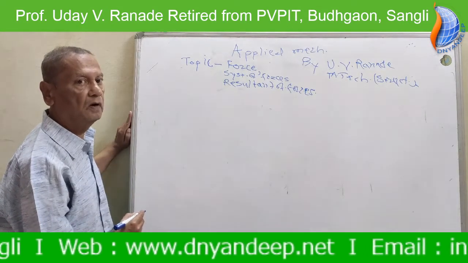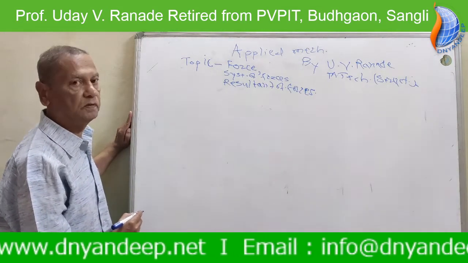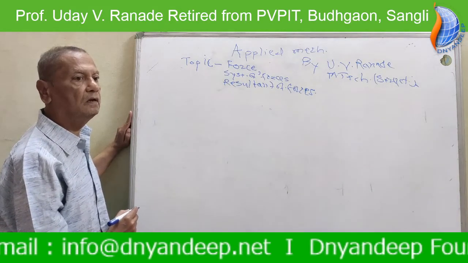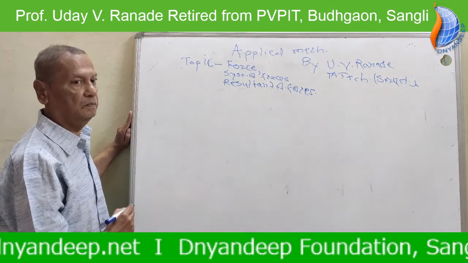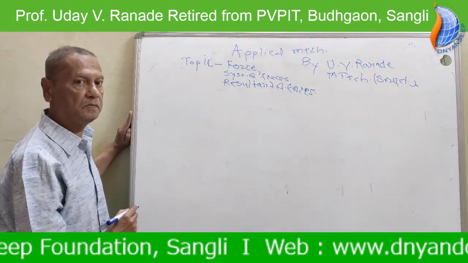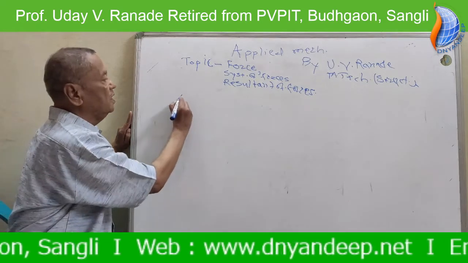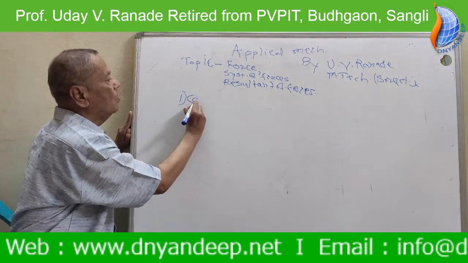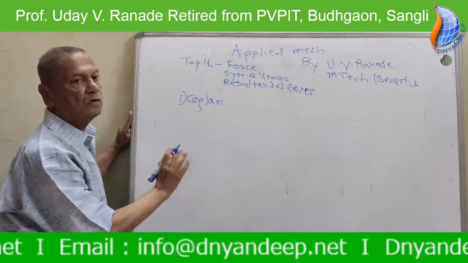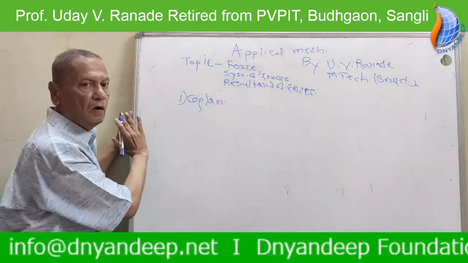After this, system of forces. Now what is meant by system of forces? Actually, there are number of forces acting. Now how these different system of forces, that I will explain. Now one is coplanar, means all forces acting on one plane.